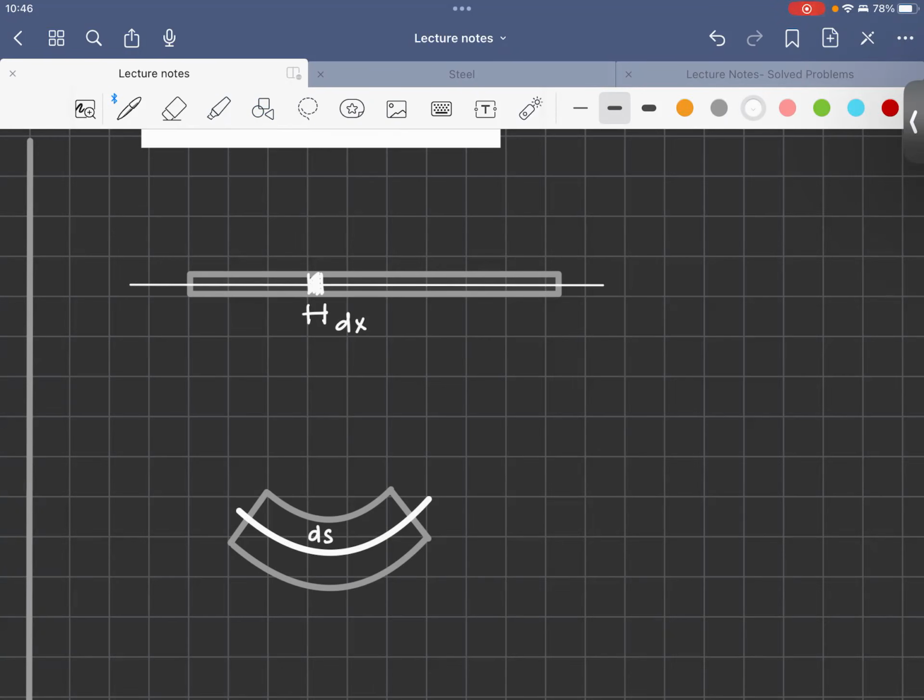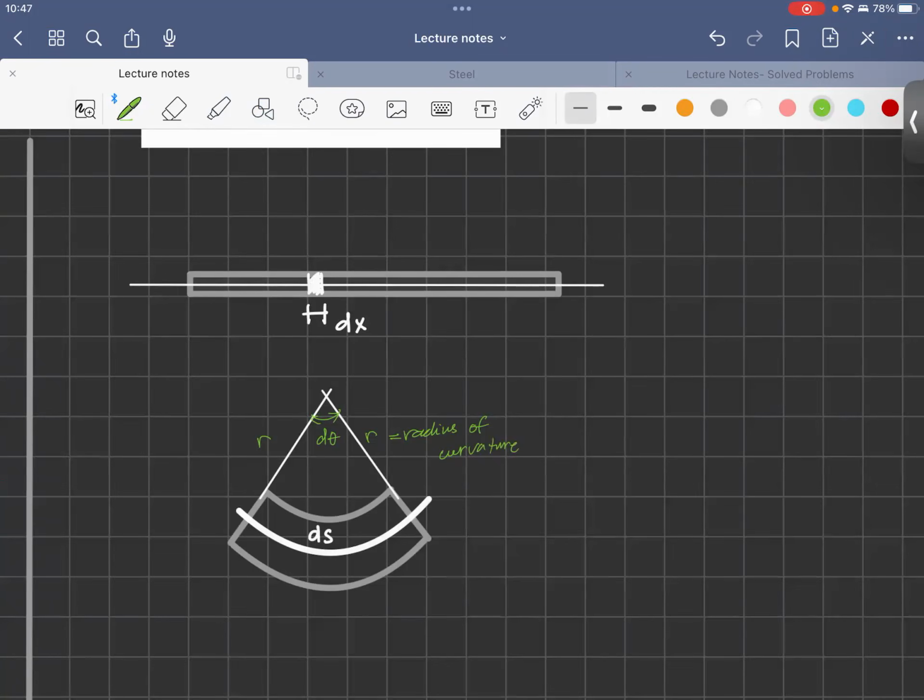Then we will have here d theta. This is the radius of curvature, R, which stands for radius of curvature.